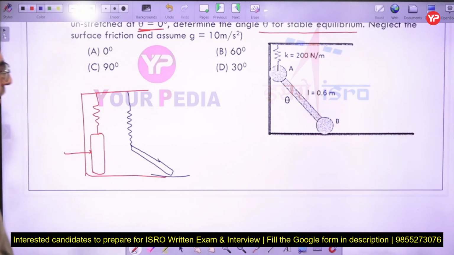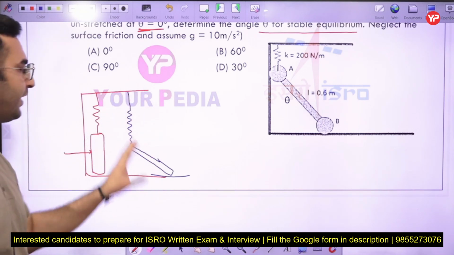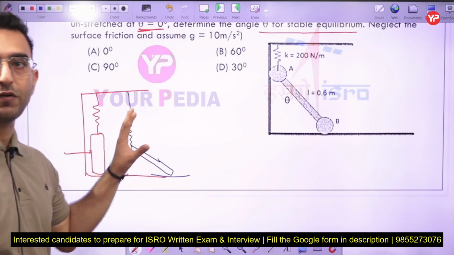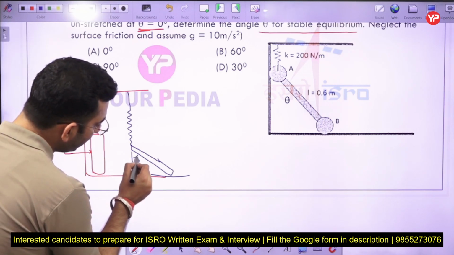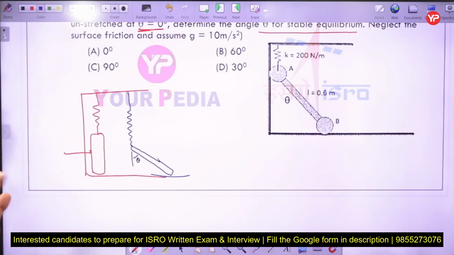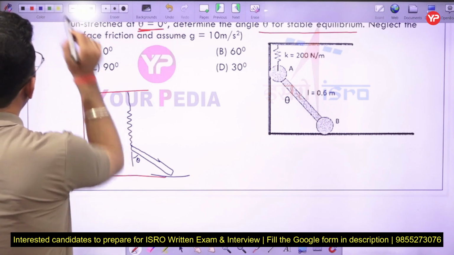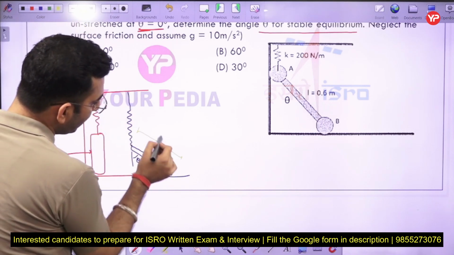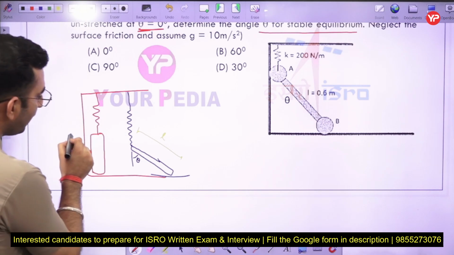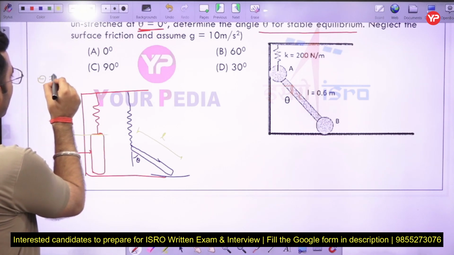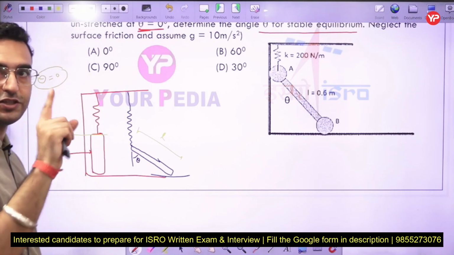I am assuming the entire system now comes under the stable equilibrium case. In this case this is representing theta, and the length is L. When the value of theta is equal to 0, the spring is not stretched.